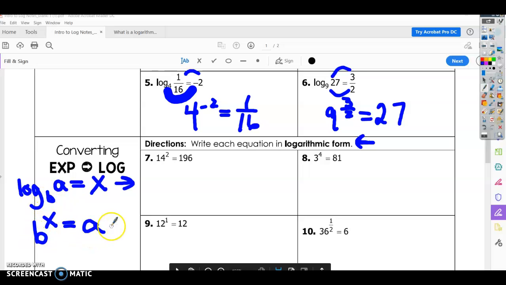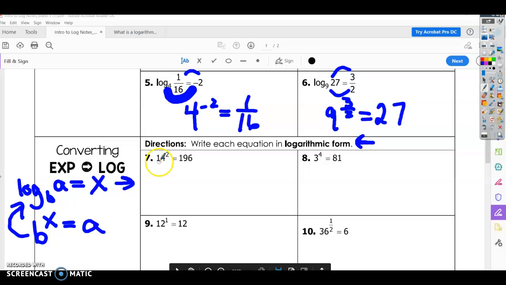Now we're going to do the reverse, from this form back to this form. We're given exponential form, b to the x equals a, and we want to write it in logarithmic form. So we're going to go from b to a back to x.